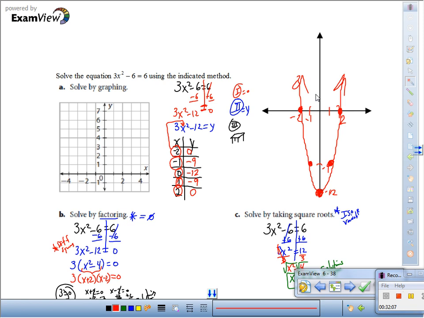All right, Mr. Q, I already graphed it, but how do I know the solution? Tell your neighbor how you know the solution of the graph, please. Doc, how do you know the solution to any graph?